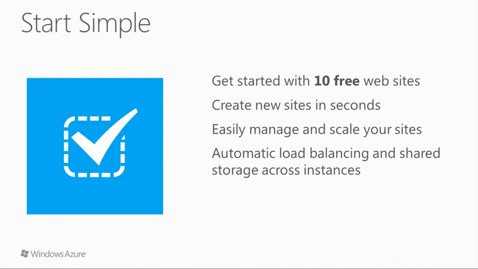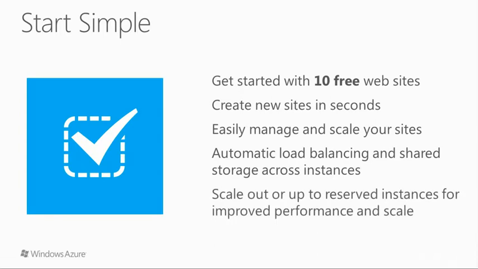Right now, again, we're in preview, so you are somewhat limited on your scale, but as we move out into general release, you'll be able to scale pretty much unlimited as you would expect from a cloud platform. We give you automatic load balancing, things like that. So this is a platform you don't have to worry about. You can deploy your application to Windows Azure websites, scale it up, and it just works. That's really the main point I want to get across today, is it just works. You don't have to worry about patching the OS or configuring IIS, things like that.